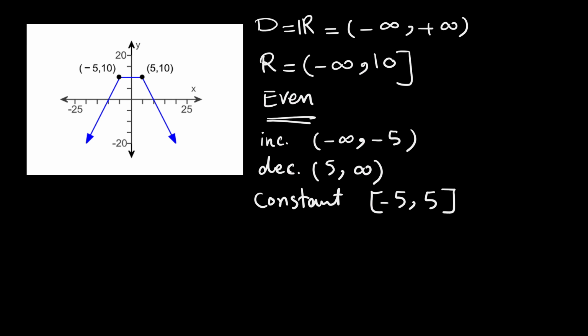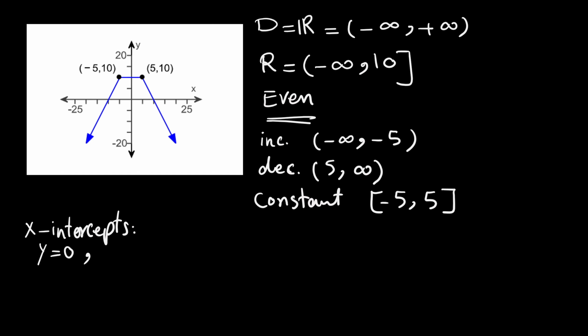Okay, now let's find the x-intercept. The x-intercept is the intersection of the function with the x-axis. When the question asks about the x-intercept, it means where y is 0.